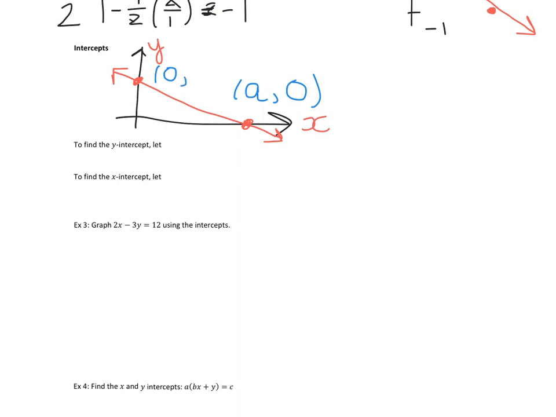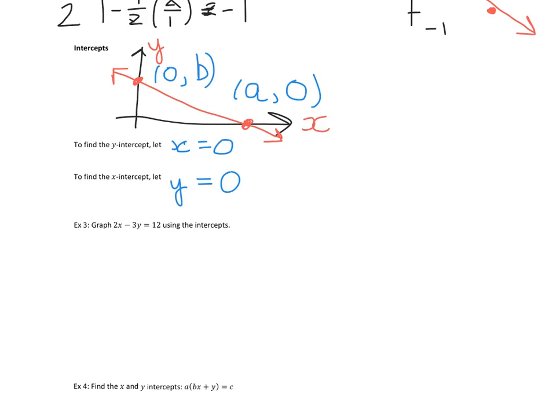And traditionally we use the letter b. All right, and that's your y-intercept. So to summarize, to find the y-intercept, let x be 0. And solve for y. And then to find the x-intercept, let y be 0, and then solve for x.